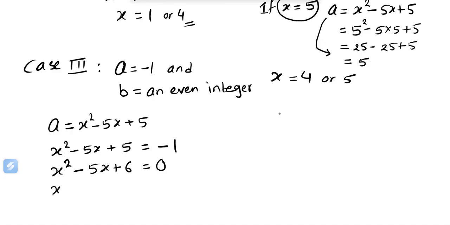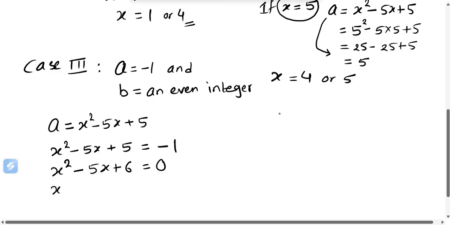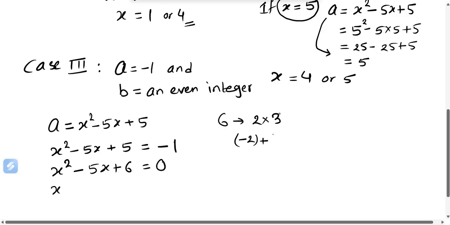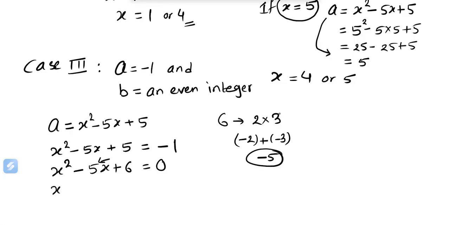So simply again we factorize here. We get the factors of 6, easy, 2 times 3 is 6, and then -2 plus -3 is -5. This is what we are looking for here, -5. That means x squared minus 2x minus 3x plus 6 is equal to 0.